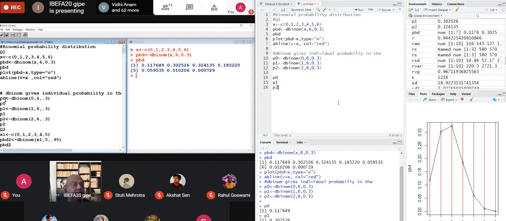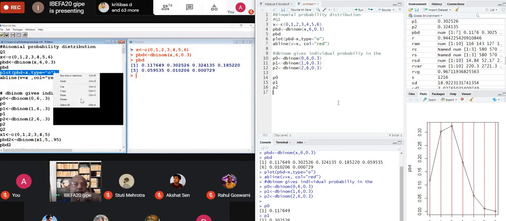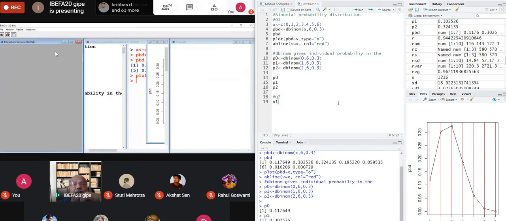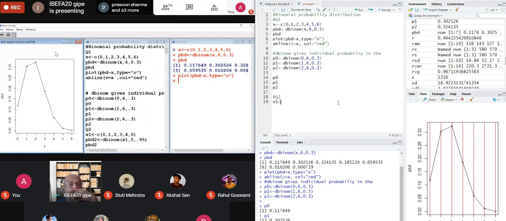Plot: the y-axis will be probability, the x-axis will be the range. And type in quotation O, that means marking the point on the graph, and each point is for each value of X. So abline.